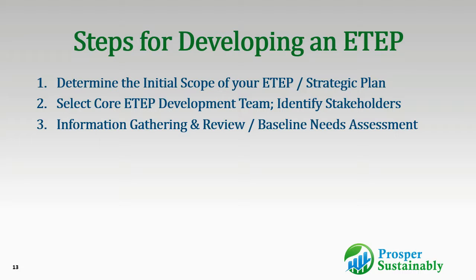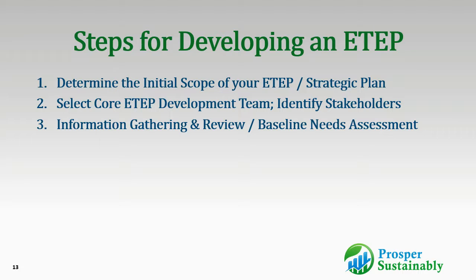The third step, the information gathering and review process, is really conducting an abbreviated baseline needs assessment. That was the focus of module number 2. We're going to rehash some of that process in today's module as well. But if you haven't already, make sure you're going back and gathering that information and those documents that you're going to need.